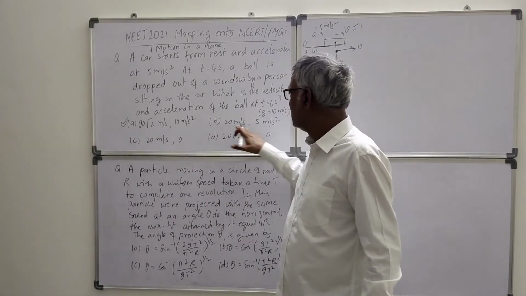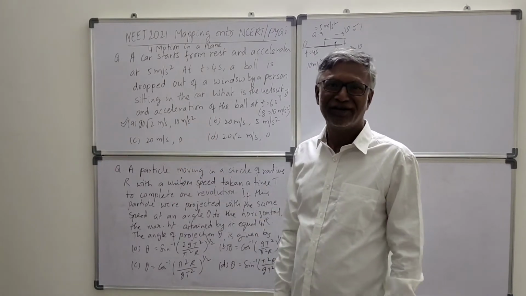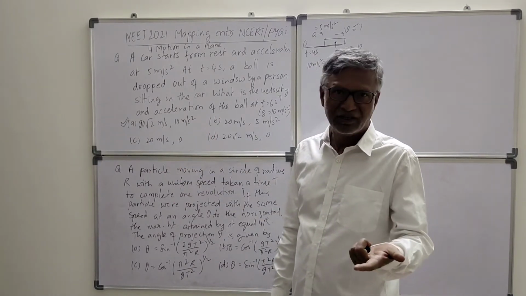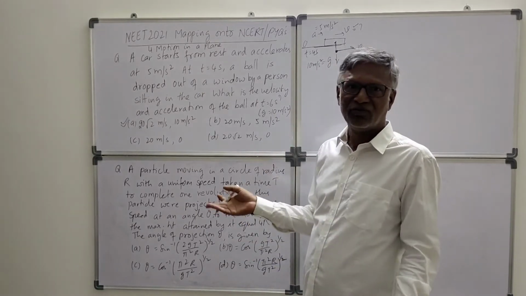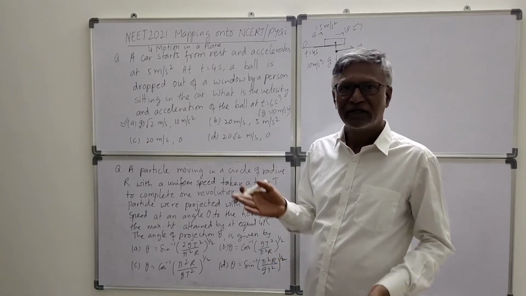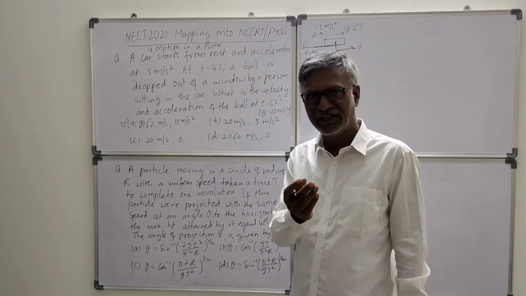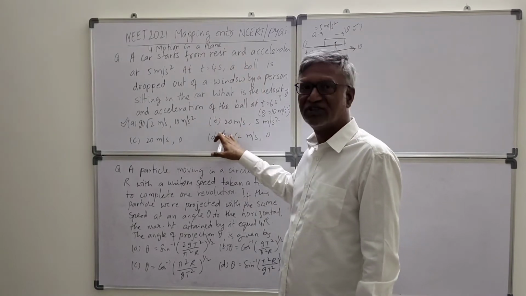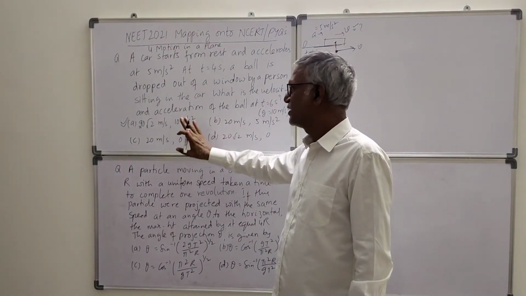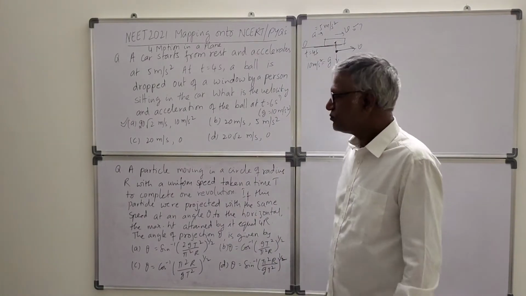See, 10 is there, this is the answer. Simple and logical: acceleration due to gravity. Within 10 seconds you can answer. Just read the question, see the options, recognize the option. That's it.